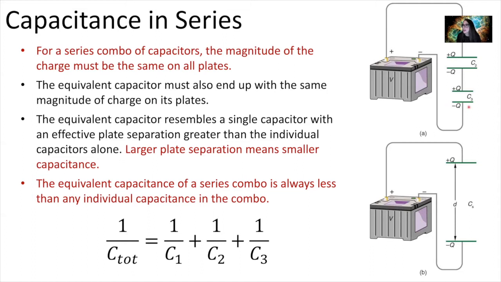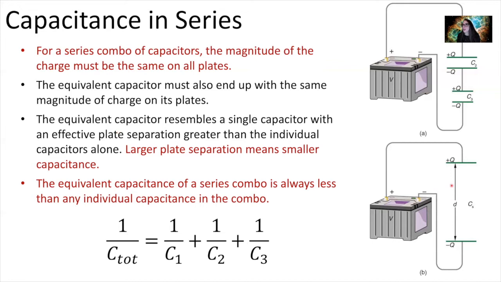We can take these two capacitors and combine them to create an equivalent capacitor, and that's this one down here. The equivalent capacitor must end up with the same magnitude of charge on its plates as the magnitude of charge on both of these plates, or I guess there's three plates here, one's behind my image here, that are in series.